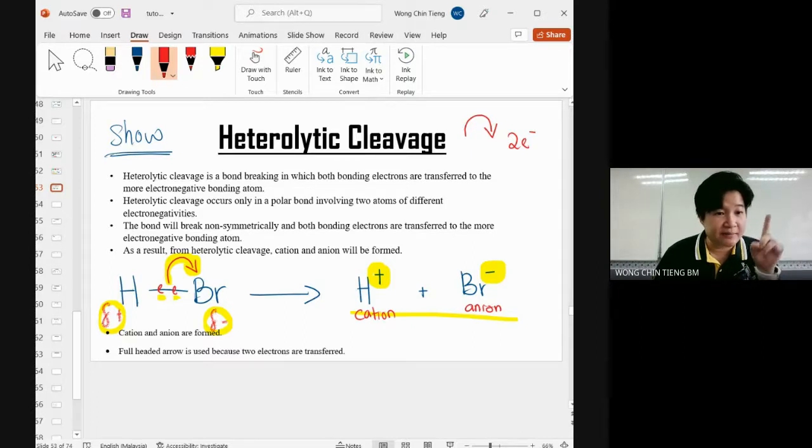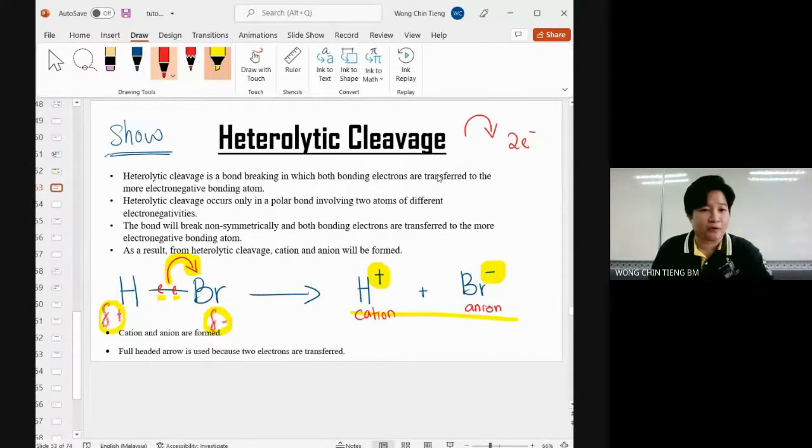Alright, yang lain kita tak belajar langsung. Dalam silibus SDS, kalau tak silap saya, kita ada 7 mechanism. So what I mean is, you are not only learning what happened, what is your reactant, what is your product, you need to show how it happened.